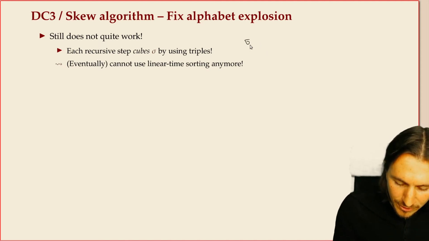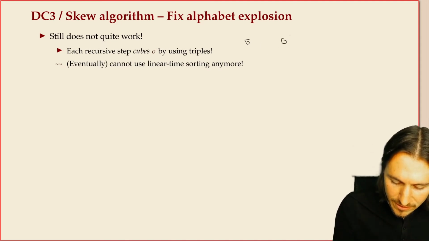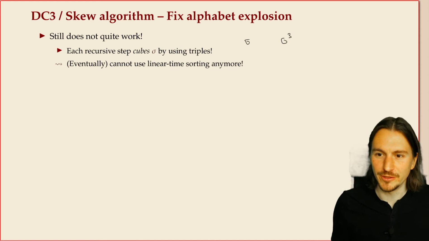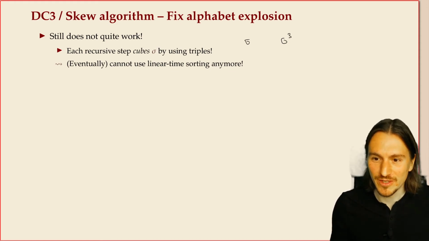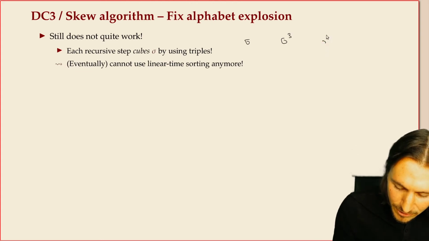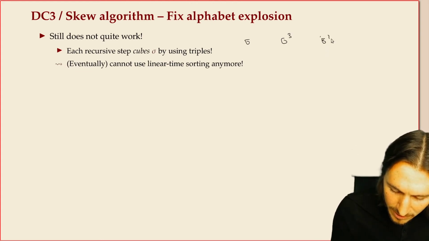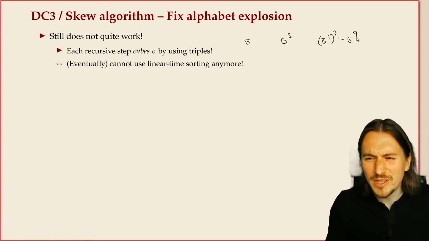But then in the first recursive call, we make triples out of that, and they're sigma cubed triples of 3 letters from this alphabet. The next recursive call, we would take sigma cubed and cube that again. That's sigma to the 9. And you keep doing this.